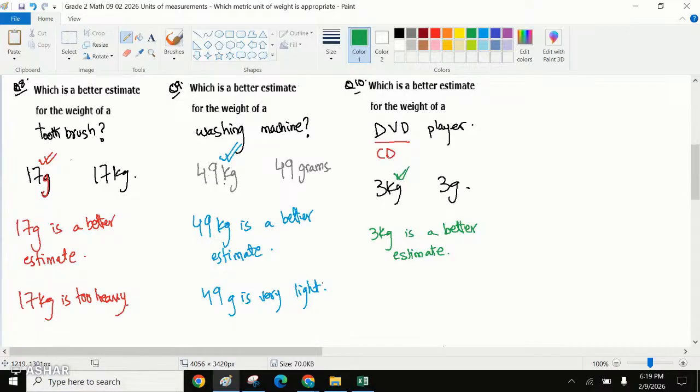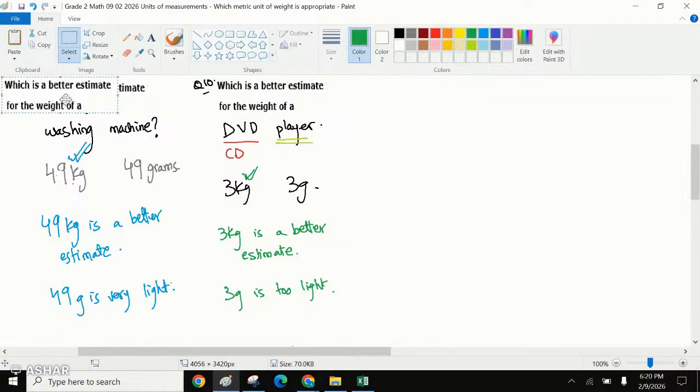It has to be very big. If I would say weight of a CD, one CD, 3 grams is perfect, right? Precious and Cordova. But I'm using the words DVD player over here that plays the, okay? So 3 kilogram is a better estimate, while 3 gram is too light, okay? Light in weight.